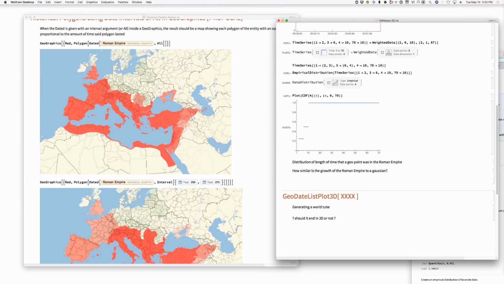What is the length of time Edinburgh, which I probably can't even spell, was in the Roman Empire? How would you answer that question? Or what are the time intervals, date intervals, in which it is included?